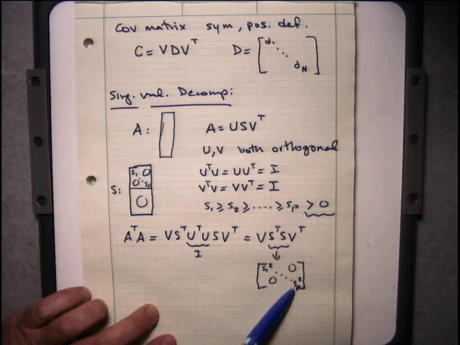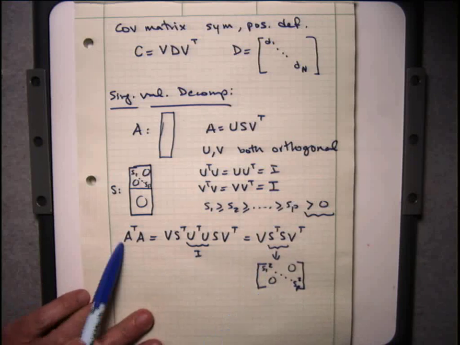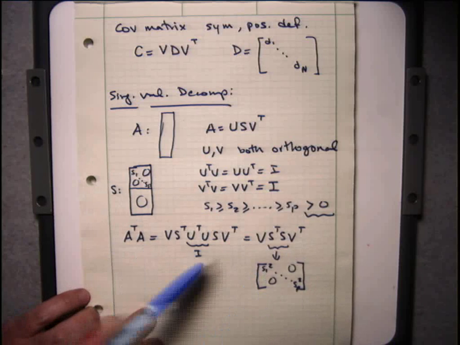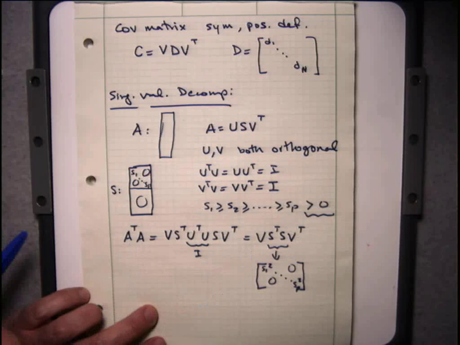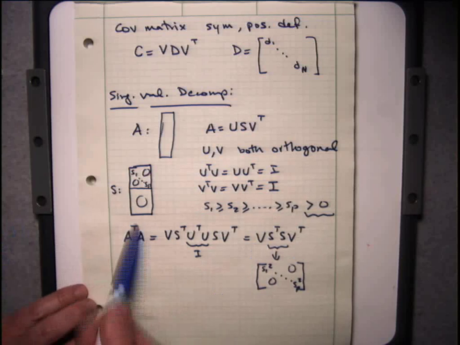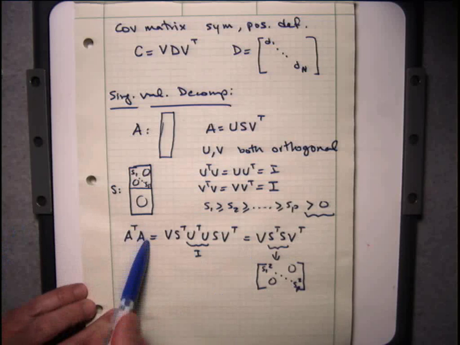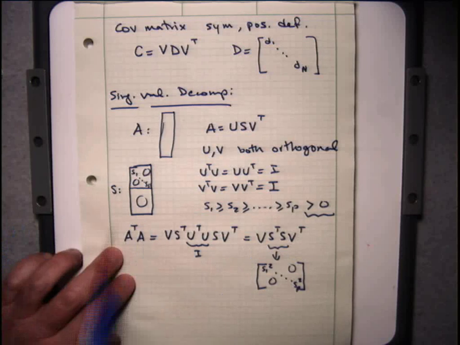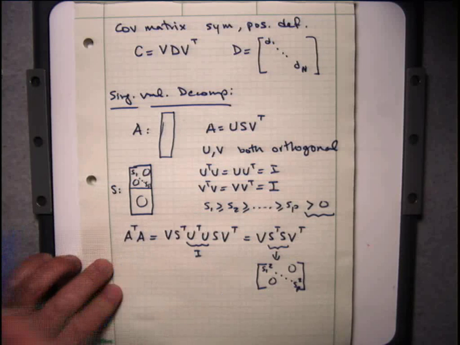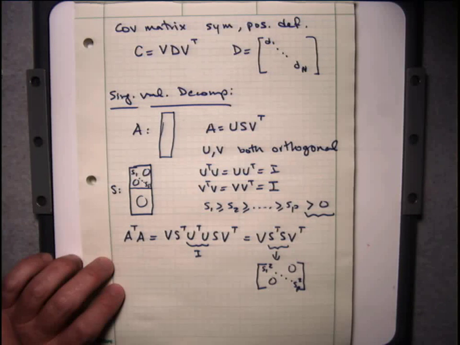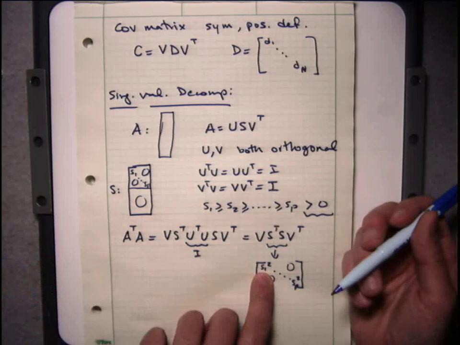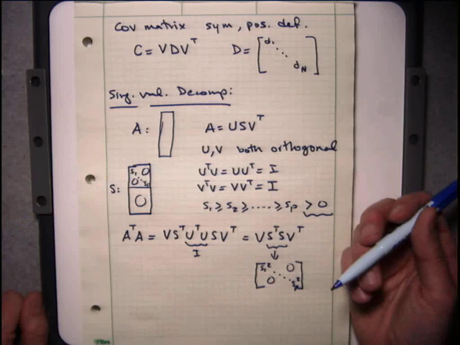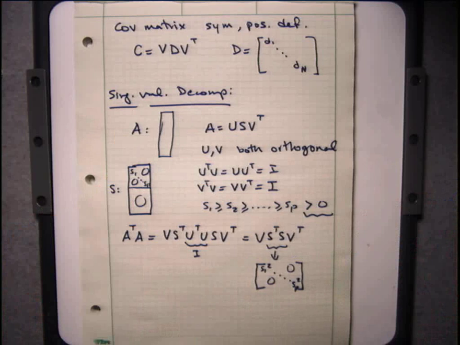And immediately you can see that these numbers are also positive, which means A transpose A is a positive definite matrix, and because V is orthogonal, it's a symmetric positive definite matrix, which makes sense because of the way it's defined. You can think of A as the matrix square root of A transpose A. And furthermore, you can see that the eigenvalues of A transpose A are nothing but the squares of the singular values of A. All right, so that's how the two are related to each other.